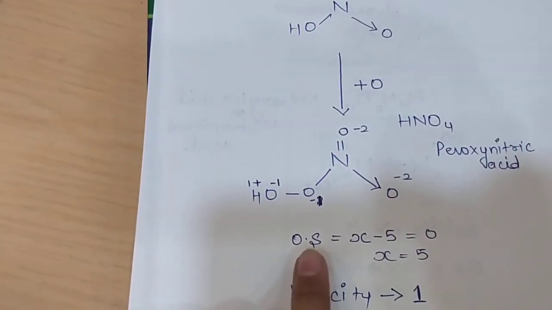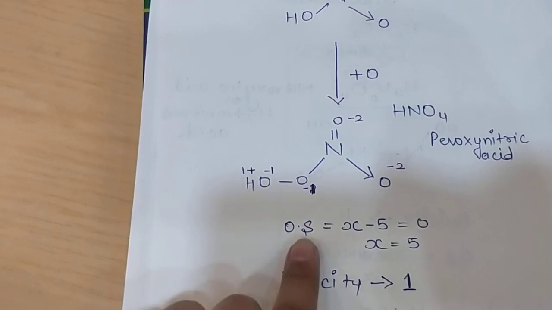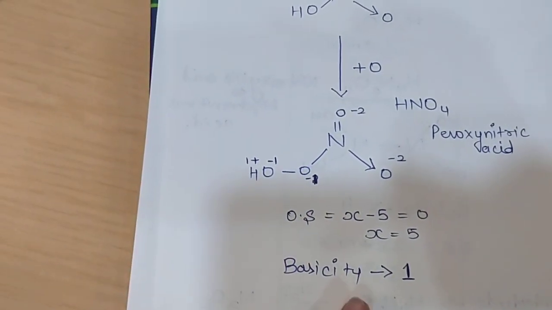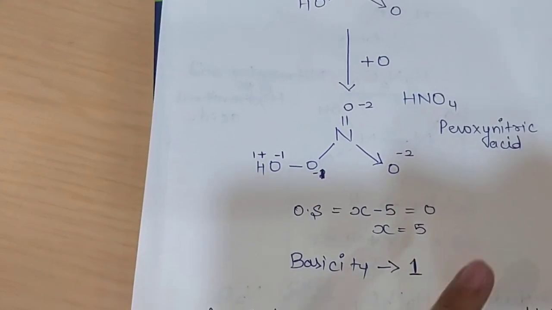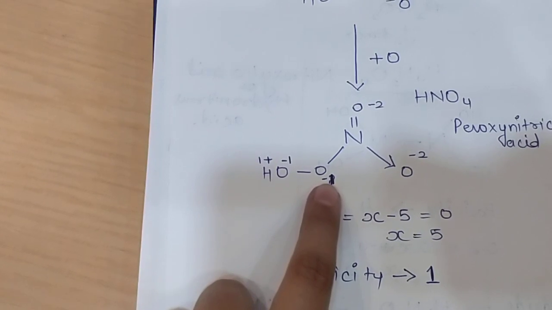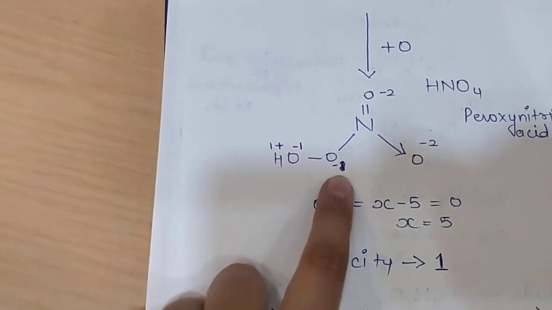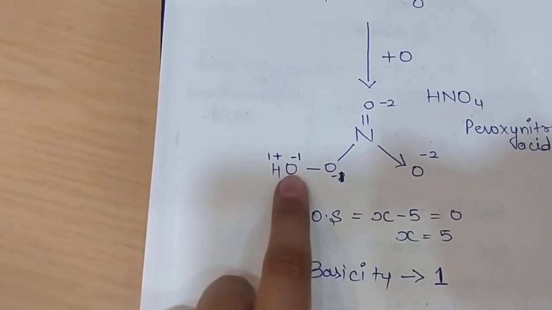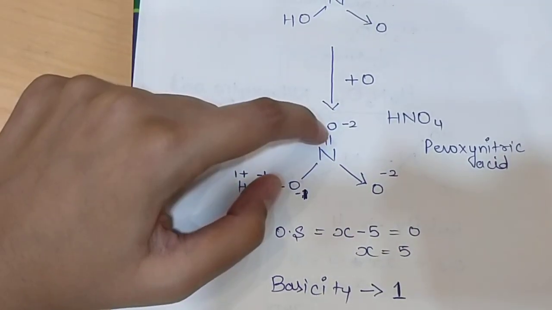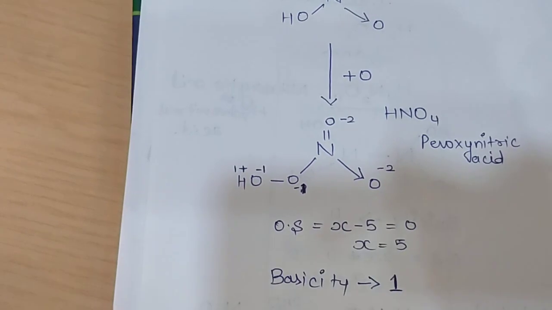So the oxidation state of nitrogen will remain the same, +5. The OH oxygen and the added oxygen will each have an oxidation state of -1, +1 for hydrogen, and -2 for each of the other two oxygens.